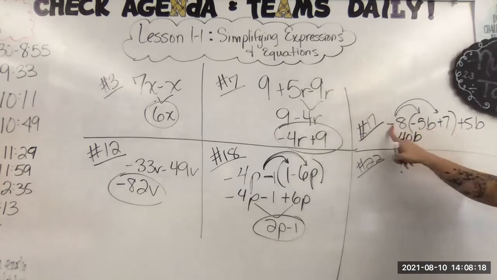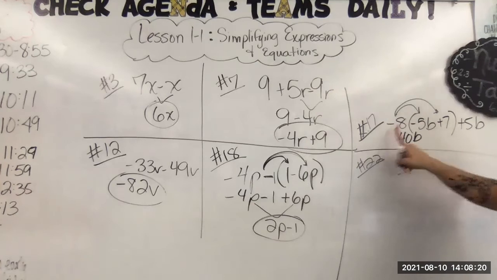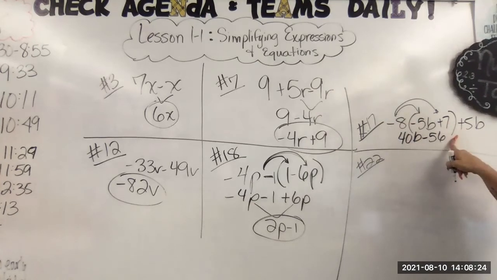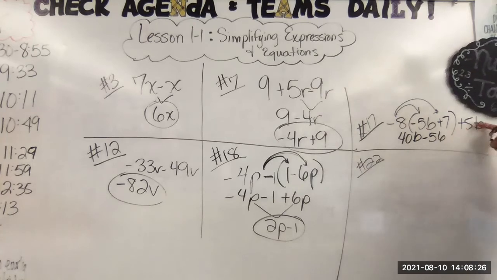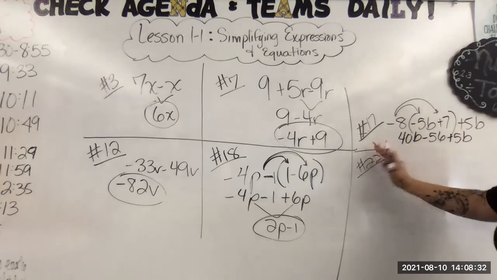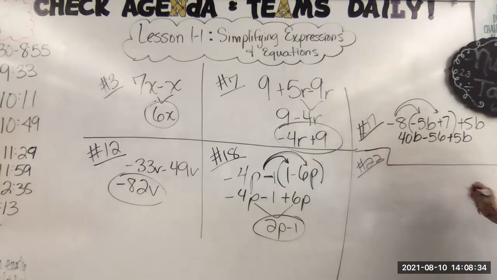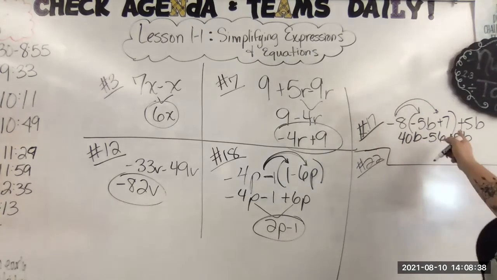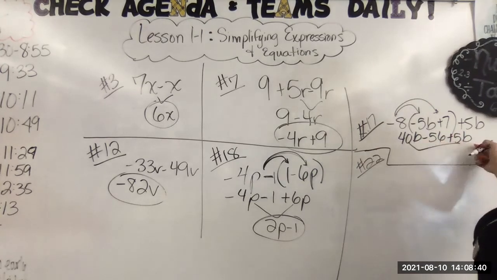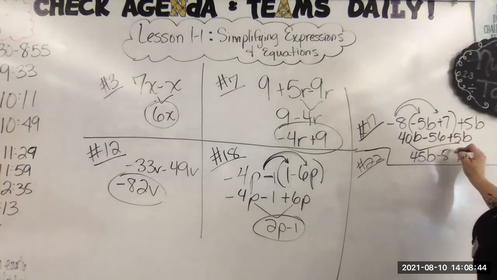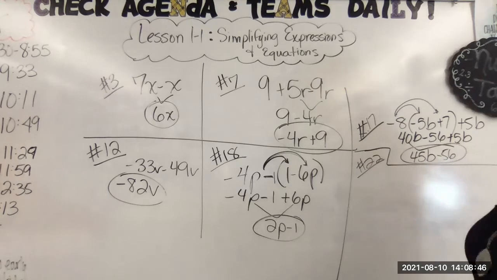And then -8 times +7 is -56. And then we just bring what's out here down. We're not doing anything with that yet. Okay, now we combine like terms. 40b can be combined with 5b to get 45b, and -56 stays the same, and we're done.